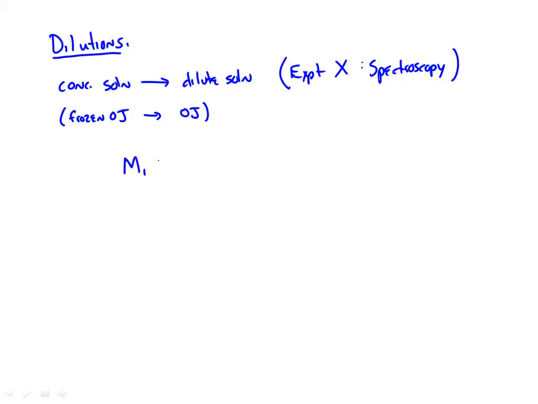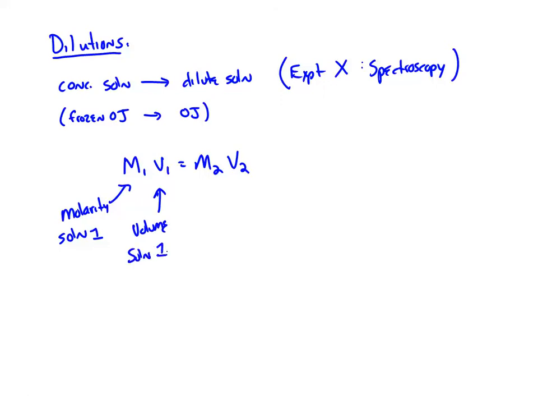So M1 V1 equals M2 V2. What this is saying is that the molarity of solution 1 times the volume of solution 1 has to be equal to the molarity of solution 2 times the volume of solution 2. So M1 V1 equals M2 V2.